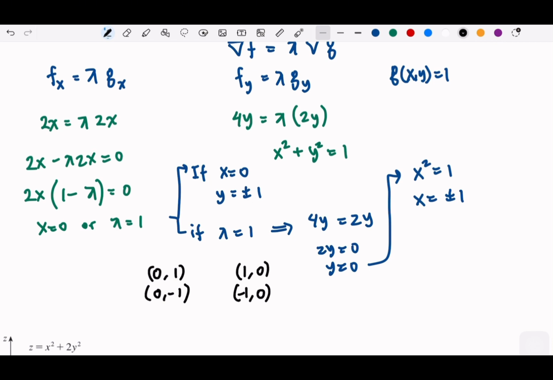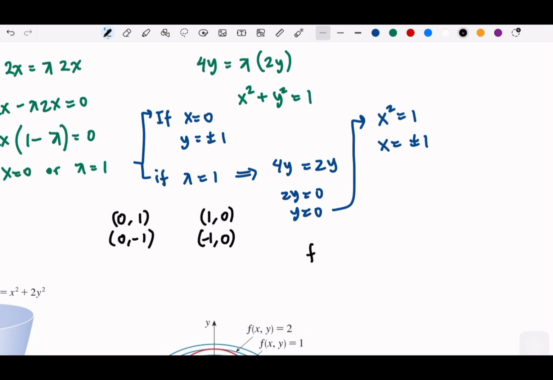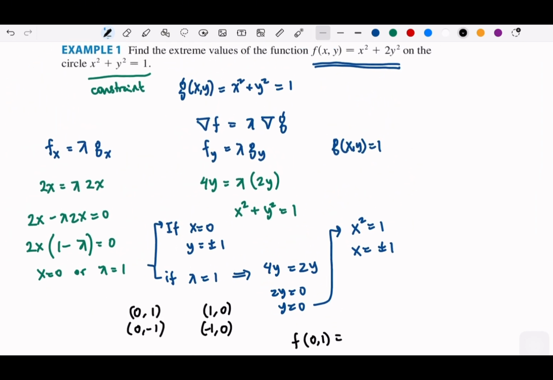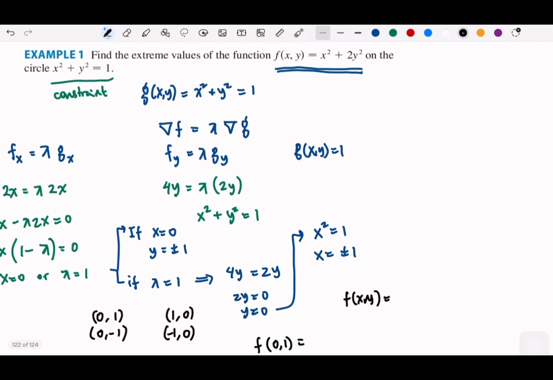And then the next step is we check every point here, put all of them into the function. The one that is largest will be the absolute max, and the one that is smallest will be the minimum. Okay? So check all the points. So check f(0, 1). f(x, y) is x squared plus 2y squared.